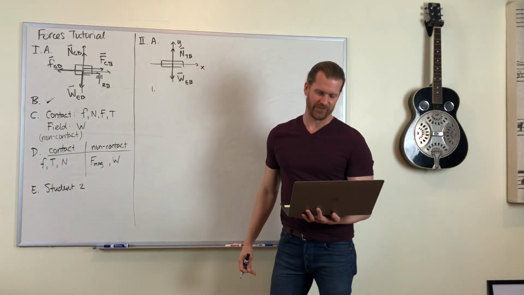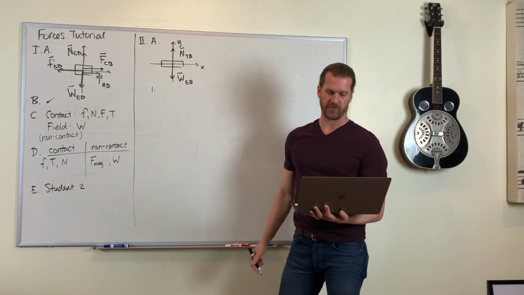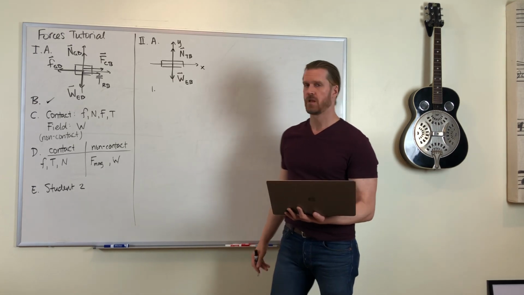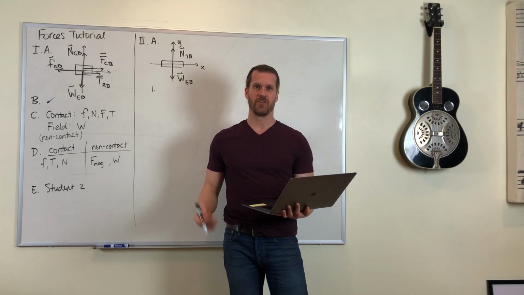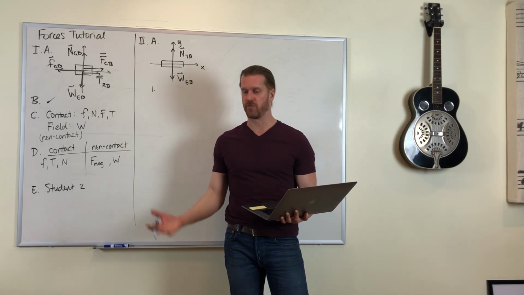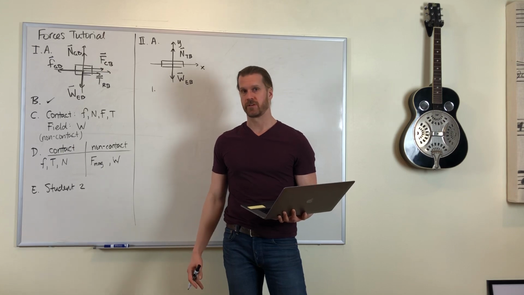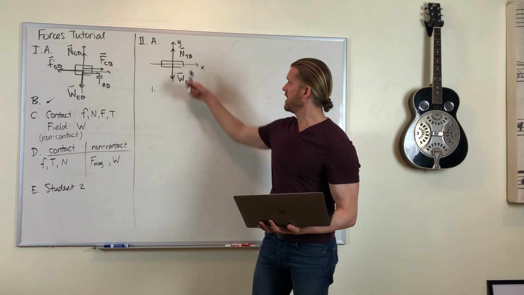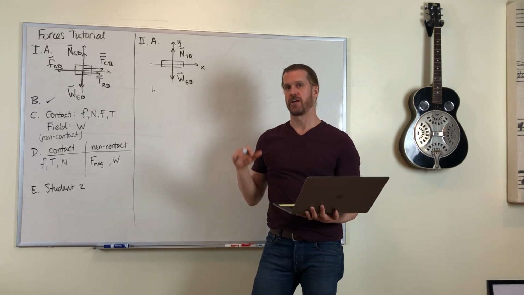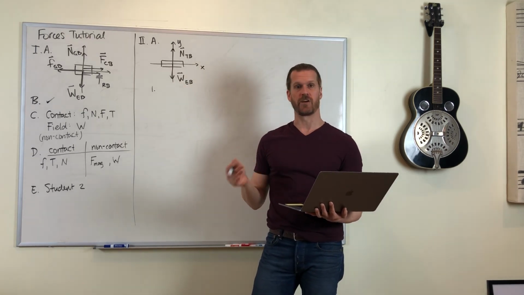So what evidence do we have for the existence of each of these forces? Well, the evidence for gravity force is that in our everyday experience, there's always a gravity force pulling objects down toward the earth. And the evidence for the normal force is that this book is stationary, it's not falling.